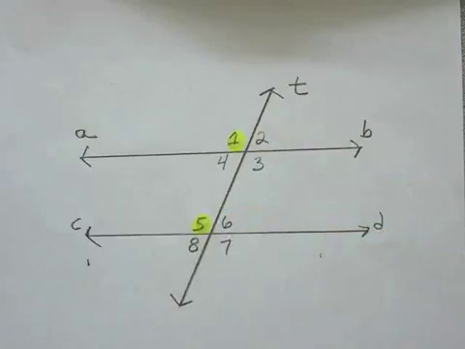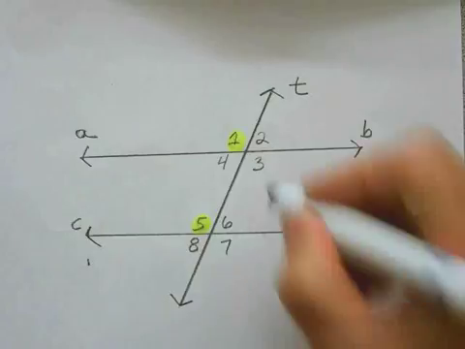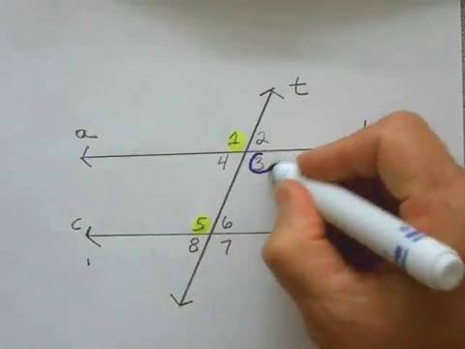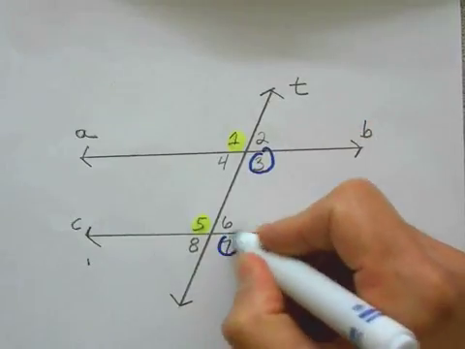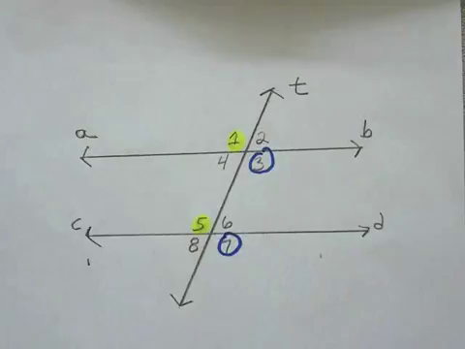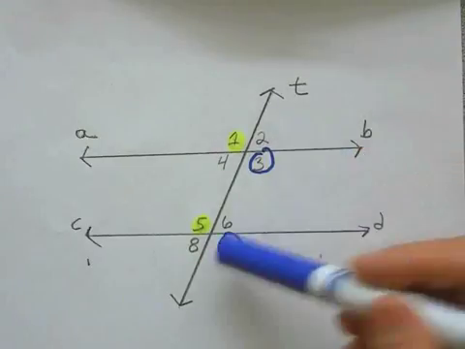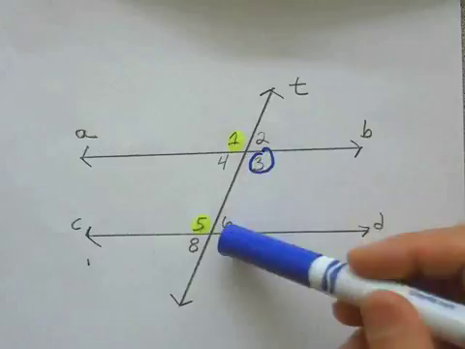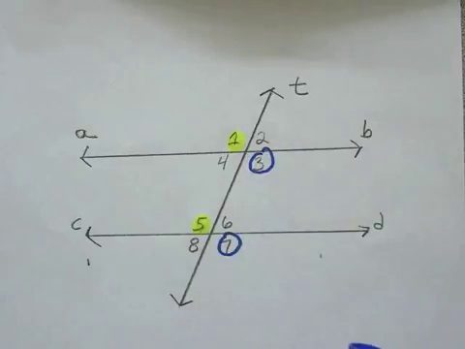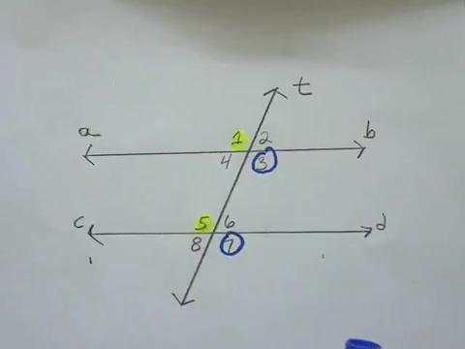And of course, another set of corresponding angles, I'm going to try and do this in blue so that we don't muddy the waters too much. Let's see, if I circle 3 and 7, those are corresponding angles. They are on the right side of the transversal, and they are below, as you can see, the parallel lines. So those are what are known as corresponding angles.